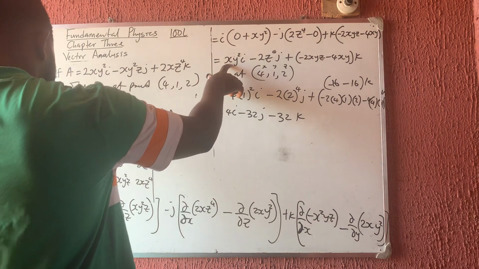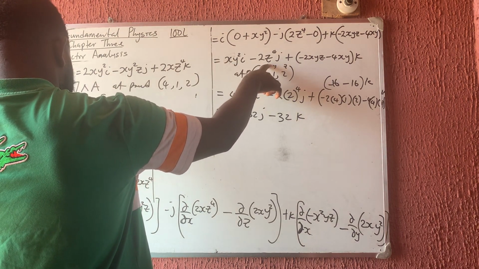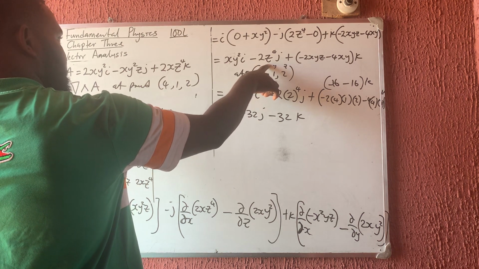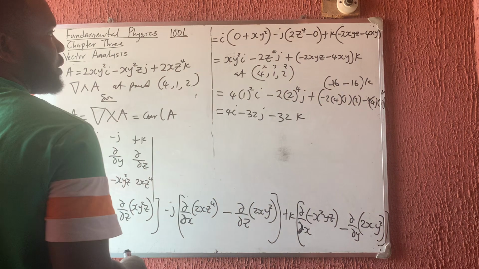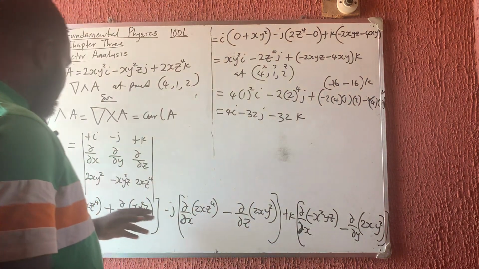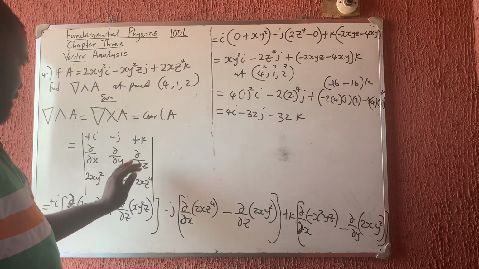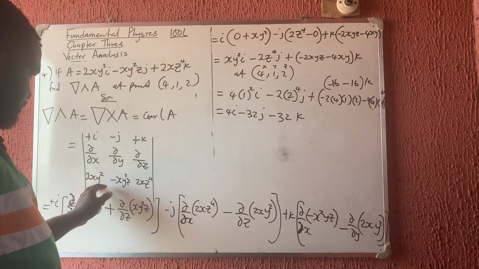They got this one. They got this one, y squared z. Y squared z minus. How did they get y squared z? For this one now, I'm covering 4k. I'm covering here. This is to this.